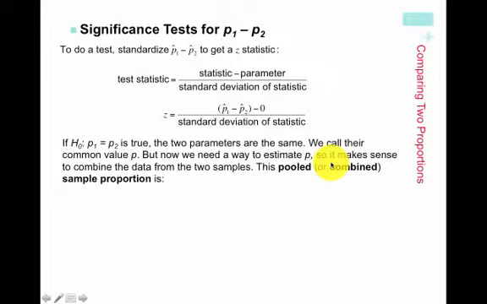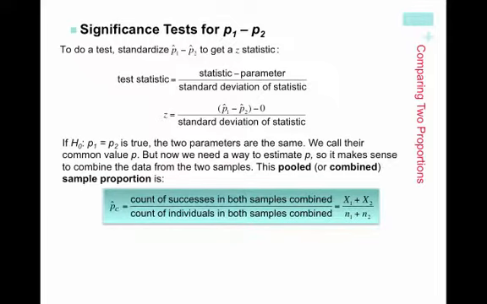So we're going to combine the data from the two samples. If the proportions are the same, we should be able to pool everything together. We call this the combined sample proportion or the pooled sample proportion. The way we get p-hat sub c, the statistic for the pooled proportions, is we take the two amounts of successes, add them together, and divide by the two counts of the individuals in both samples.